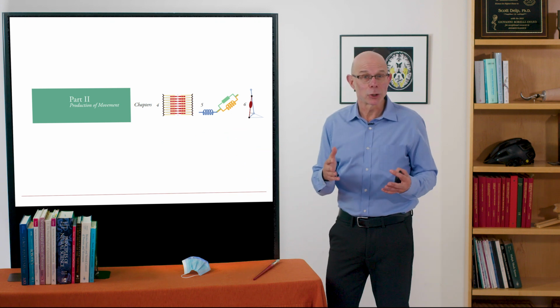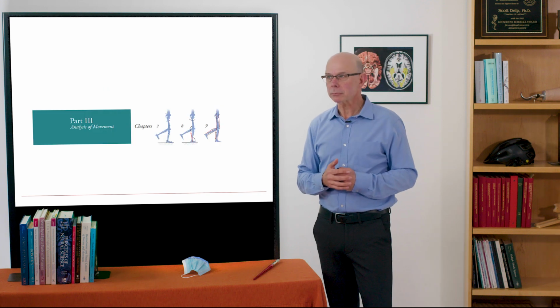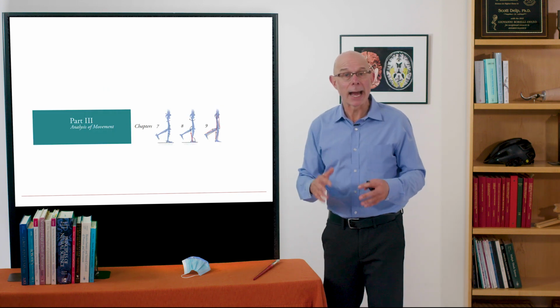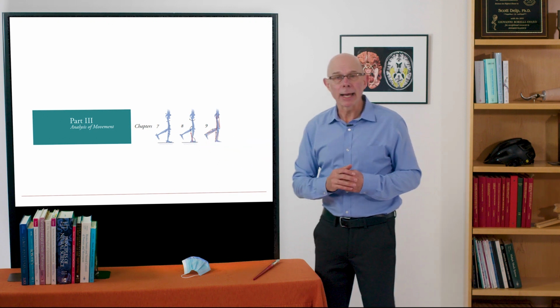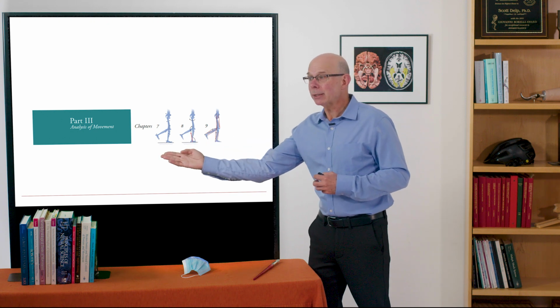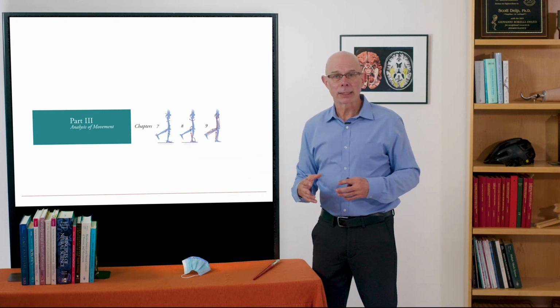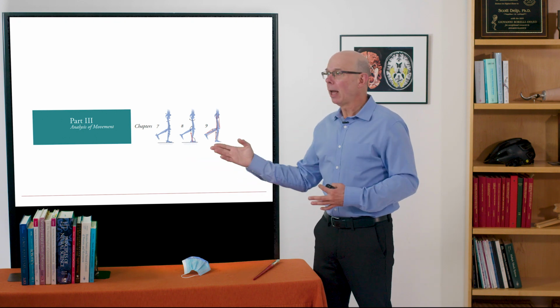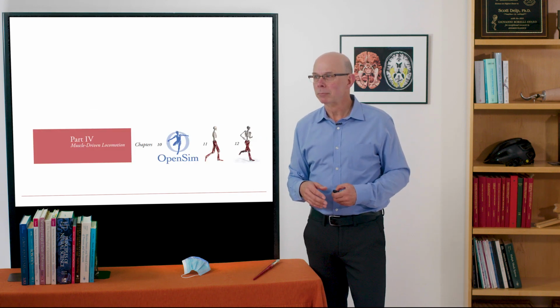Now, there are lectures associated with all of these individual chapters. Part 3 is analysis of movement in chapters 7, 8, and 9. And that's where we do inverse kinematics to calculate joint angles, inverse dynamics to calculate joint moments, and optimization to calculate muscle forces.